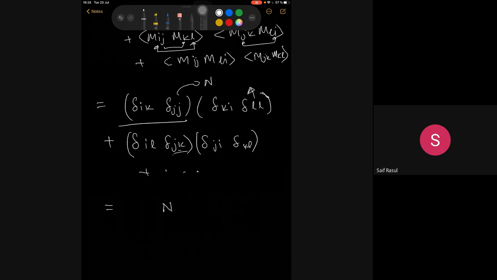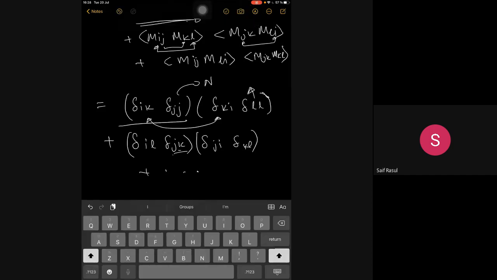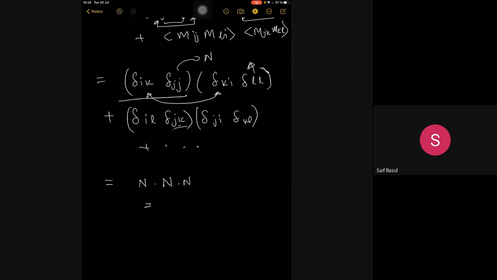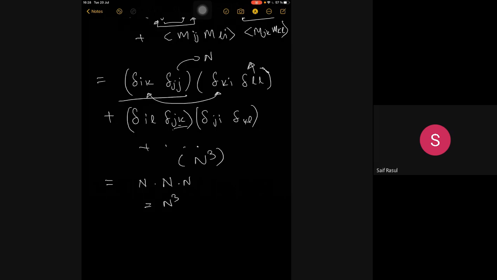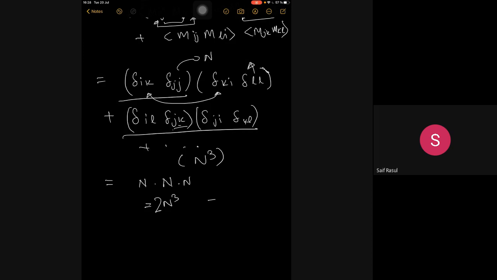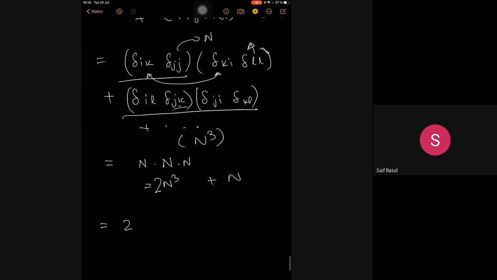L can be 1 to N, so again I get another N. These two are basically the same, so I get another N. So I have here N cubed. Similarly, if you evaluate this term explicitly, you'll get another N cubed. So you'll have two N cubes. And if you evaluate this, you'll just get one N. So if you evaluate all of this, you'll get 2n cubed plus n.